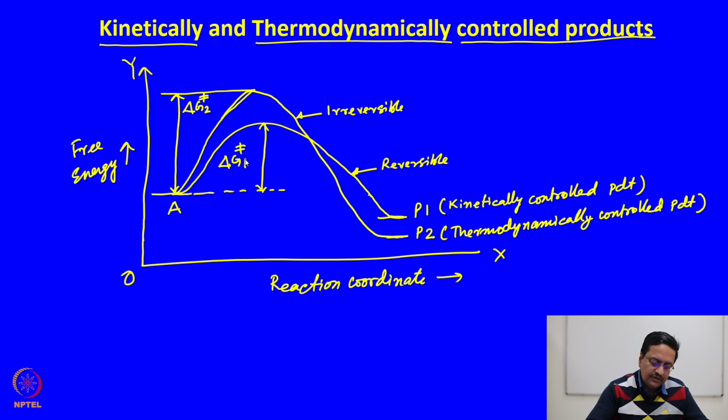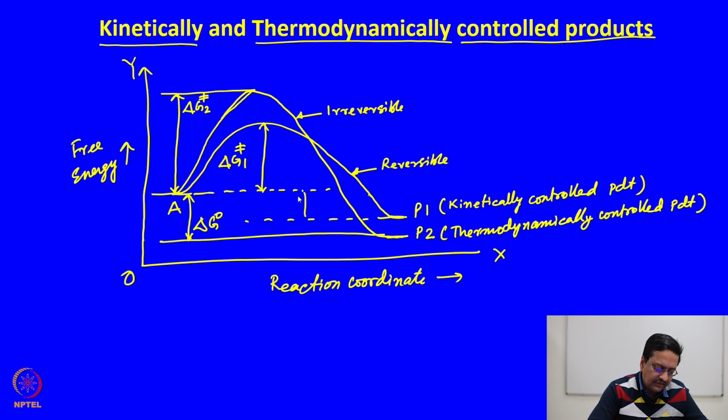And this thermodynamically controlled product has a larger delta G 0 compared to the kinetically controlled product, delta G 0 2 versus delta G 0 1.